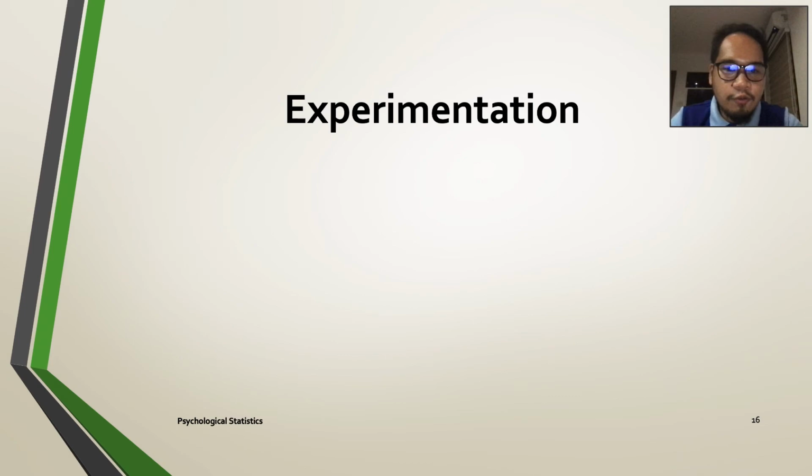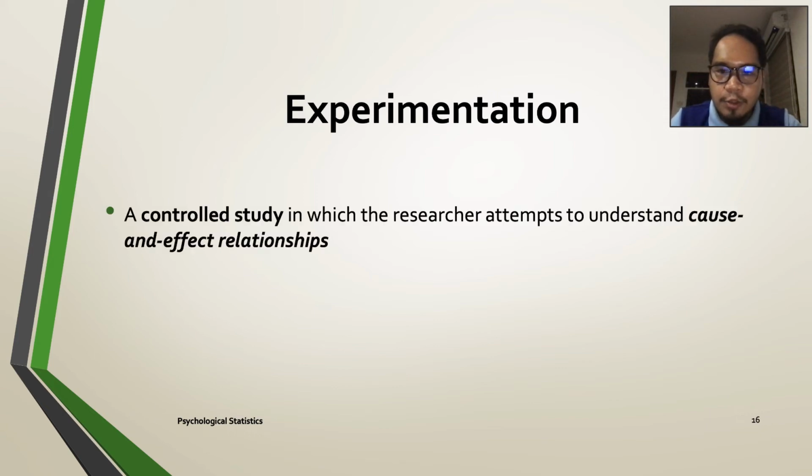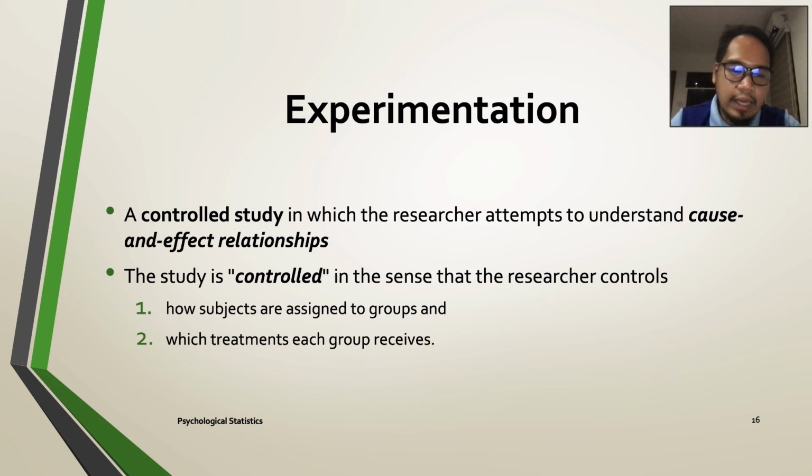Next is experimentation. You may apply this in your experimental psychology or experimental research. This is a controlled study in which the researcher attempts to understand cause and effect relationships. We say that the study is controlled in the sense that the researcher is controlling how the participants are assigned to different groups.